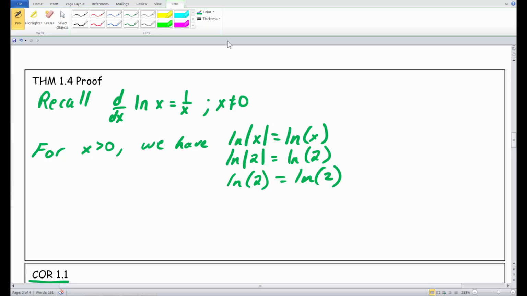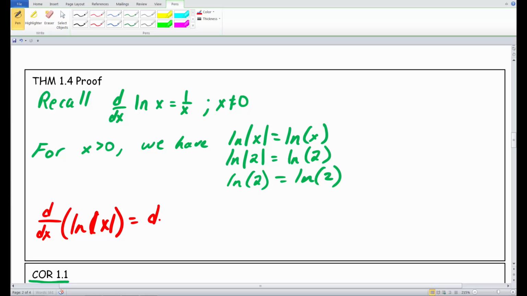And as a result, if you think about applying the derivative with respect to x on both sides, if these are truly equal to one another, then applying the derivative with respect to x on both sides, for this one we'll have the absolute value.